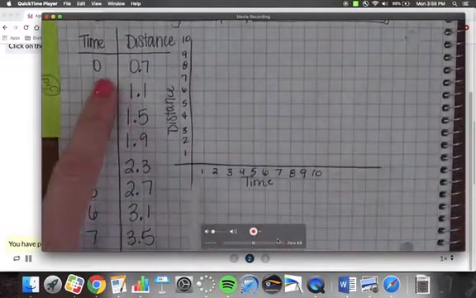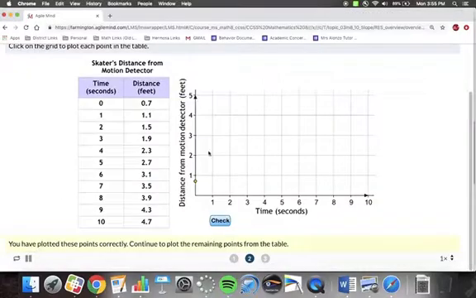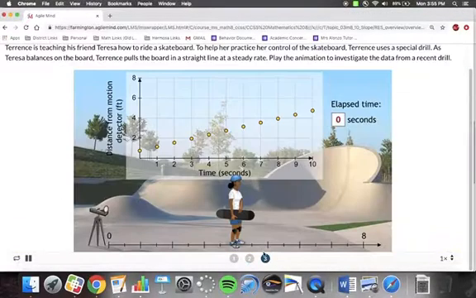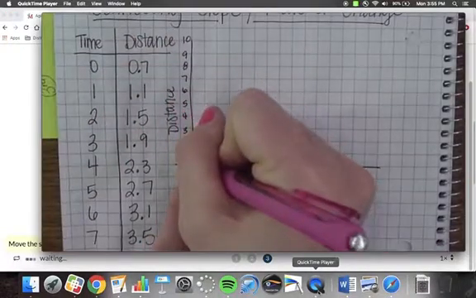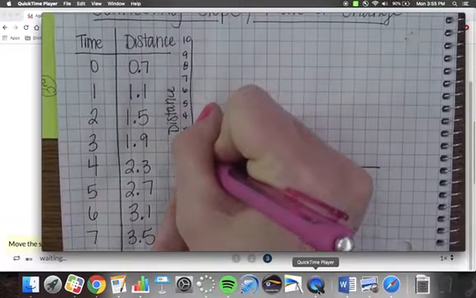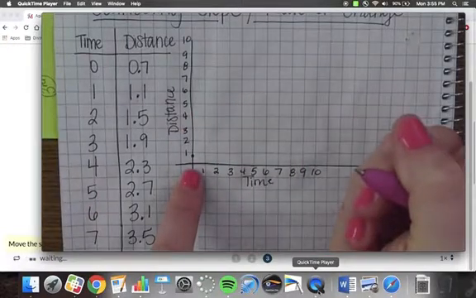Okay, so you should have seen when you paused the video and did all of those that you get points that look like that. So 0, 0.7 will be somewhere around in there. It's a little bit more than half.